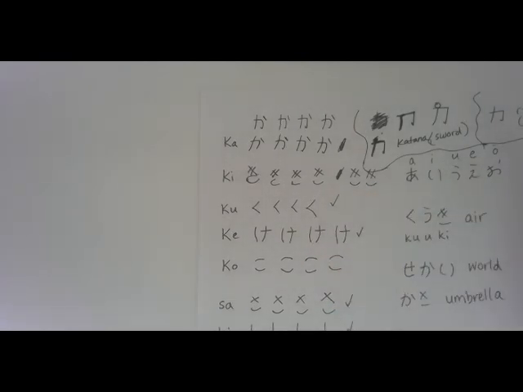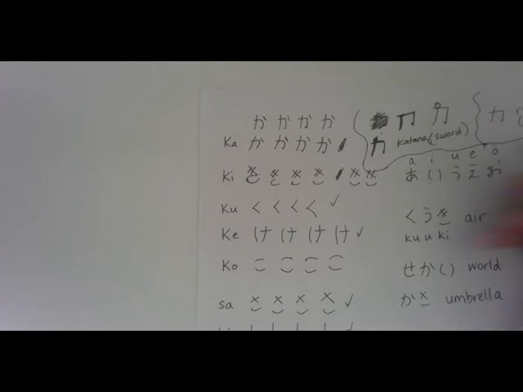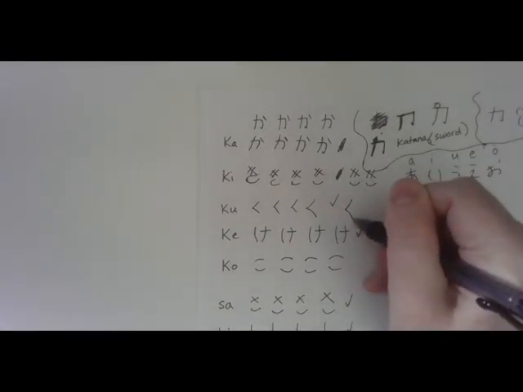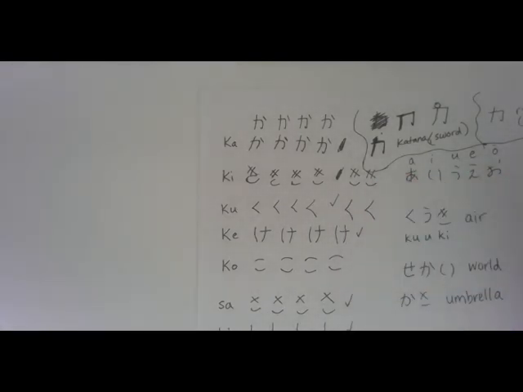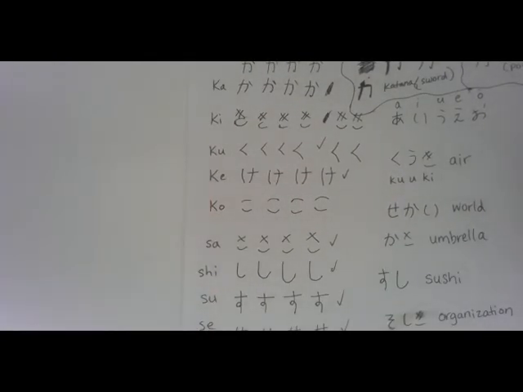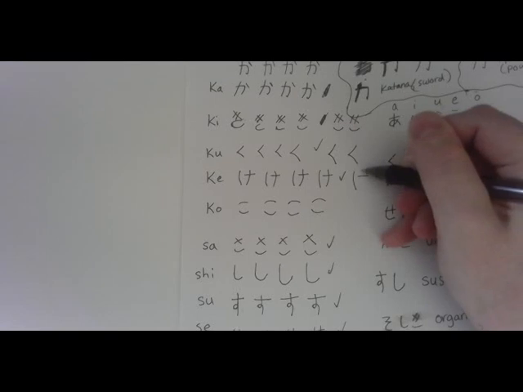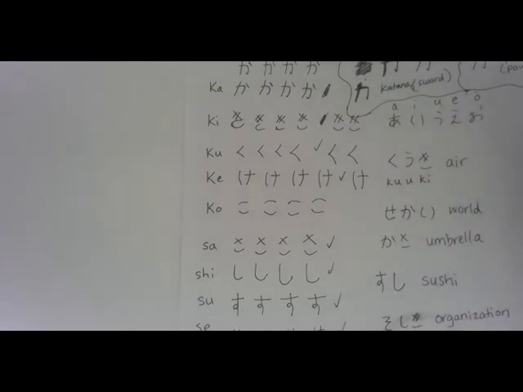Like a Pac-Man or a mouth. It's going to eat something. Okay, do this again here. Alright, next one is ke. K-E, ke. For this one, we're going to need a line to the side, a line here, and then a line down through it. Ke.